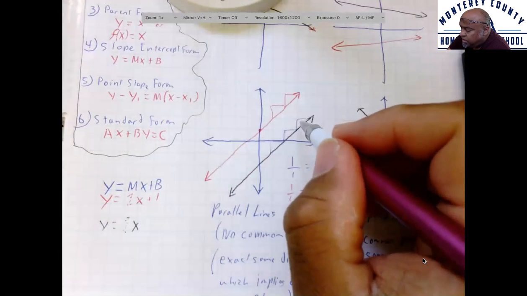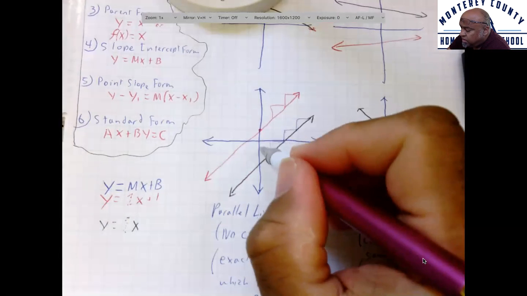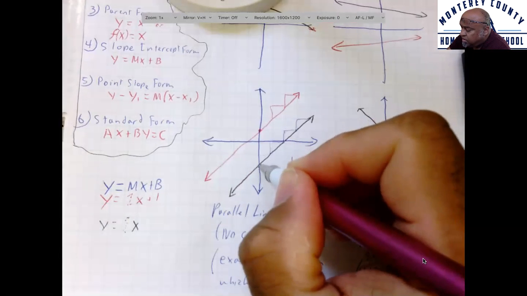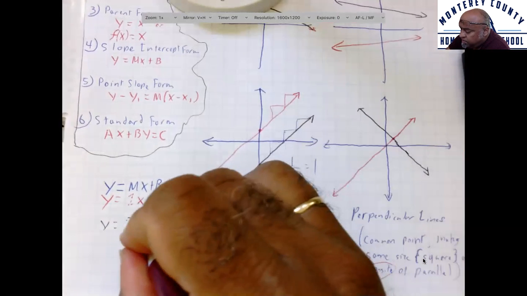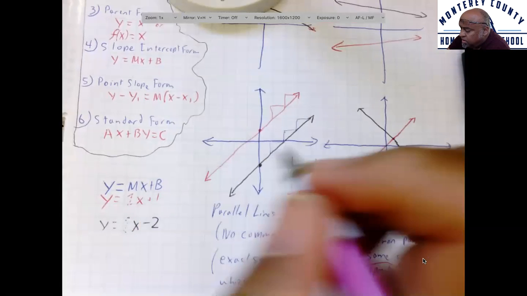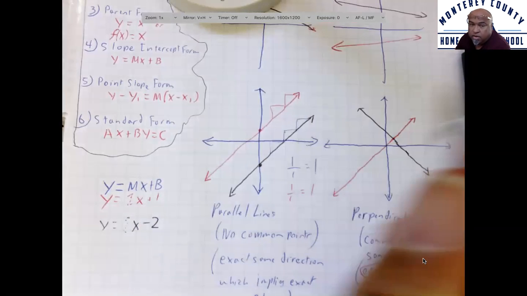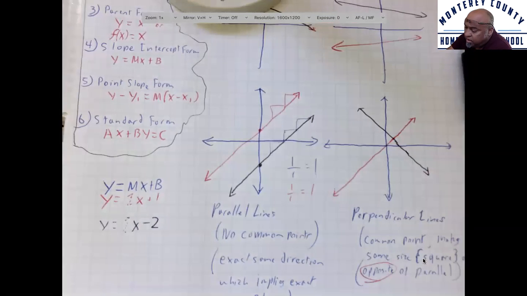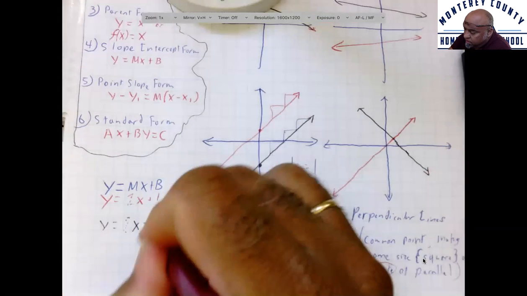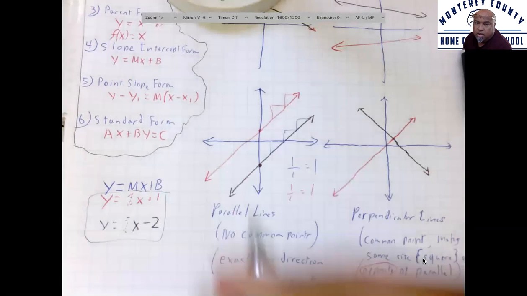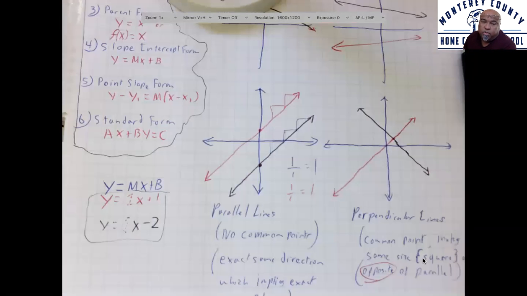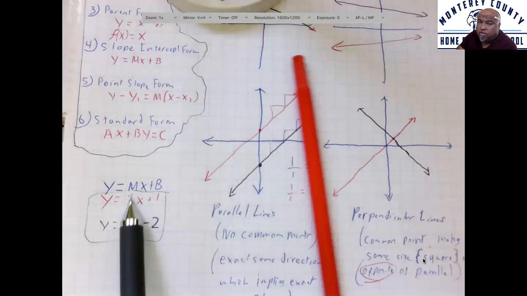Now let's find the y-intercept. Going down the y-axis, it looks like it's here at -2. So y is equal to x minus 2. So there's the equation for both lines. Again, you don't have to write the ghost 1. I just put that there so we can fit it into the form so that you have something there for m.